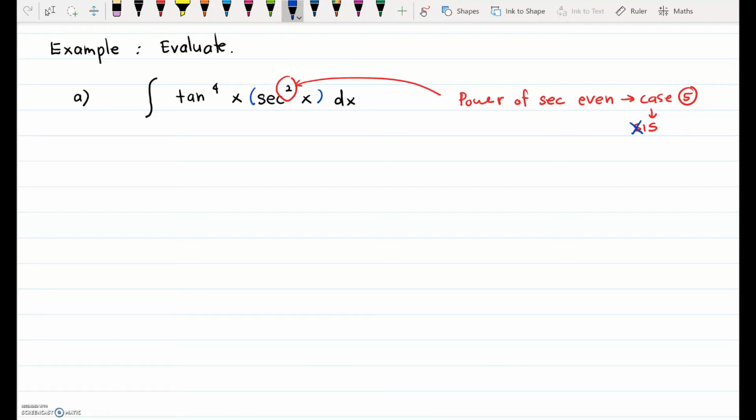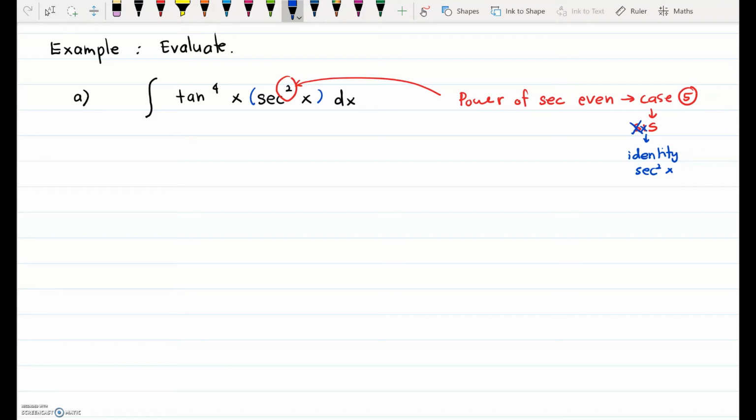Then we continue with the next step, which is to use the identity for secant square. But we don't have any other secant square besides the one you split in the first step, so we also skip the second step.